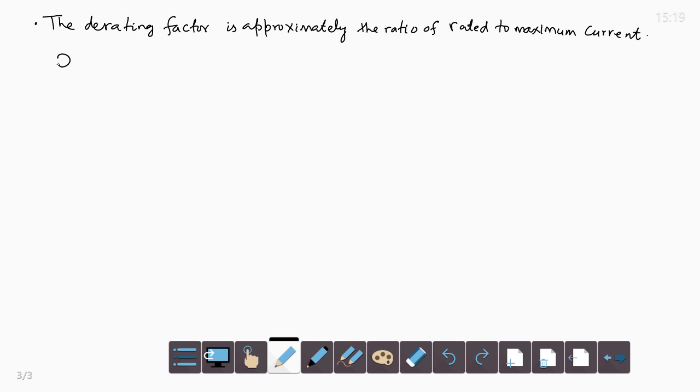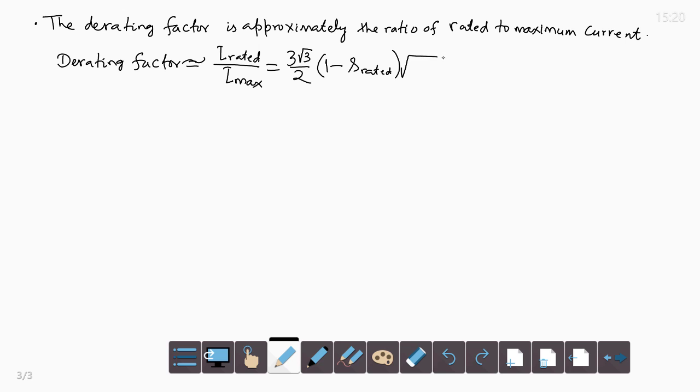So, derating factor is nearly equal to I rated by I max, and from the previous derivation it is 3 into root 3 by 2, (1 minus S rated) into root over of S rated.